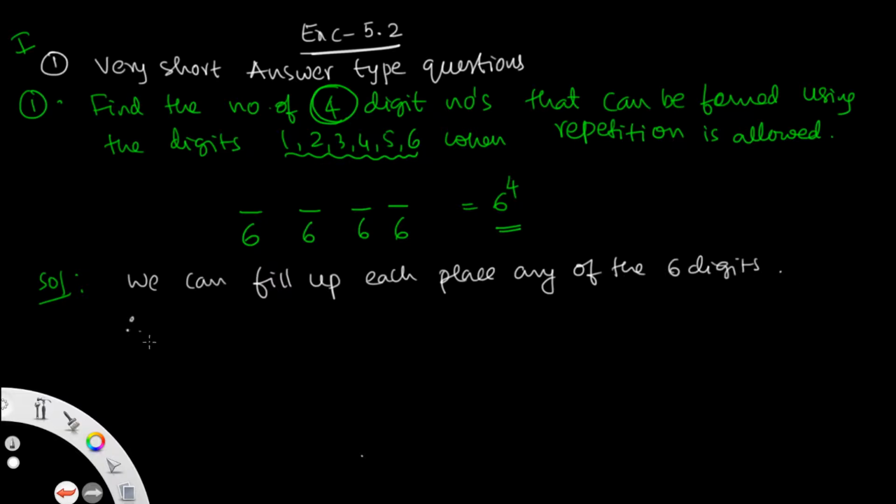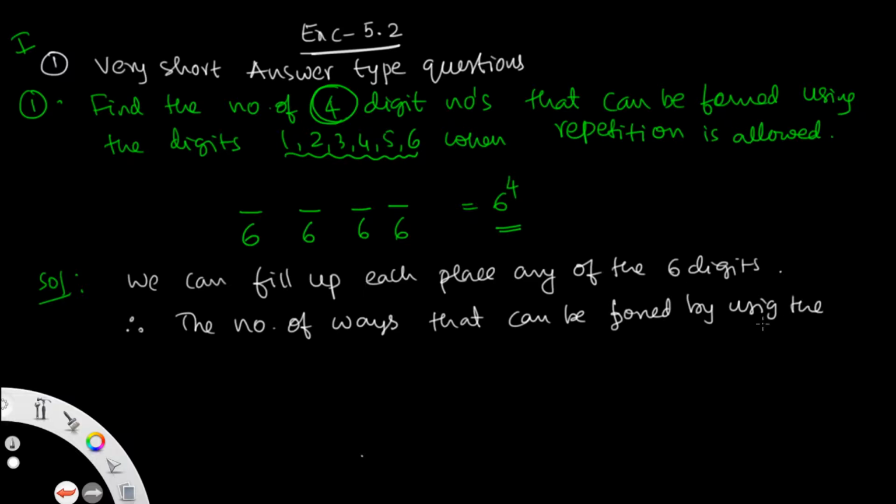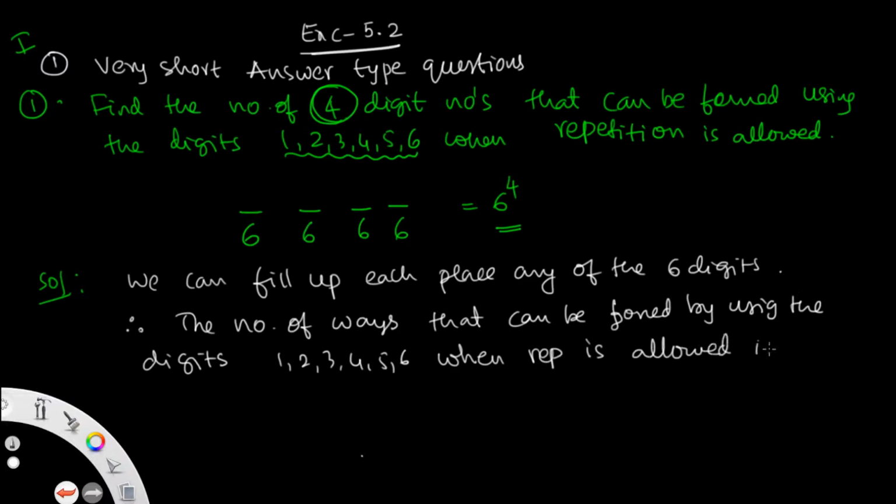Therefore, the number of ways that can be formed by using the digits 1, 2, 3, 4, 5, 6 when repetition is allowed is 6 power 4.